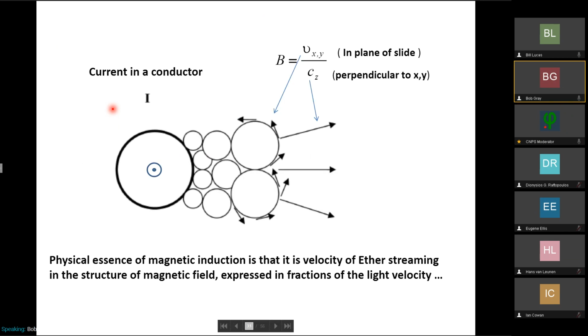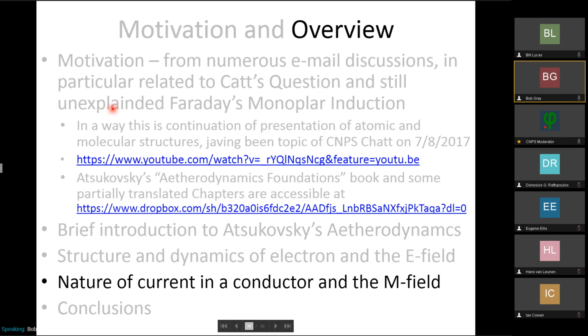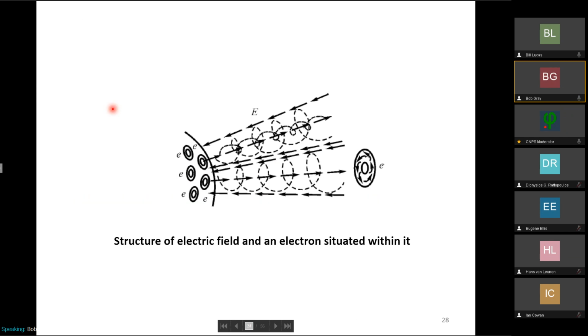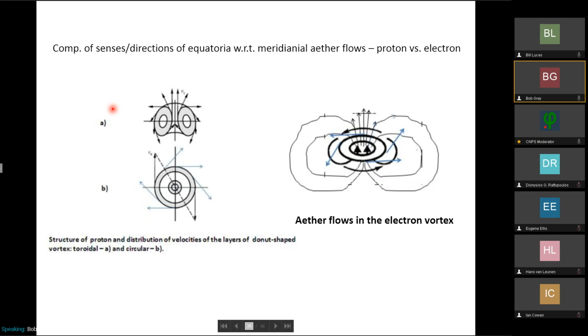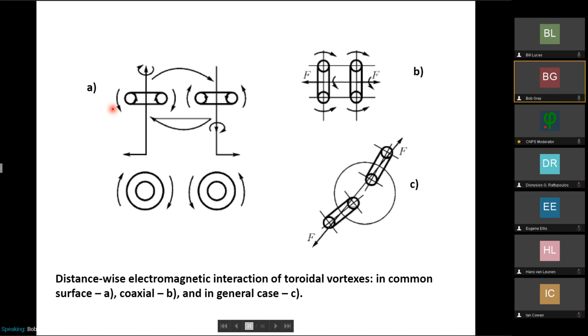I don't understand the model of the torus as an electron, and its electric field being some kind of motion circumferentially around the torus.